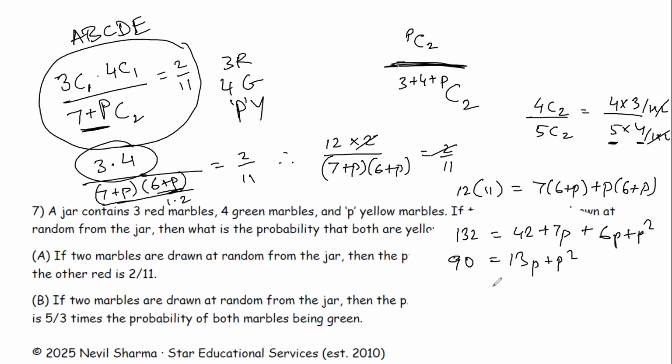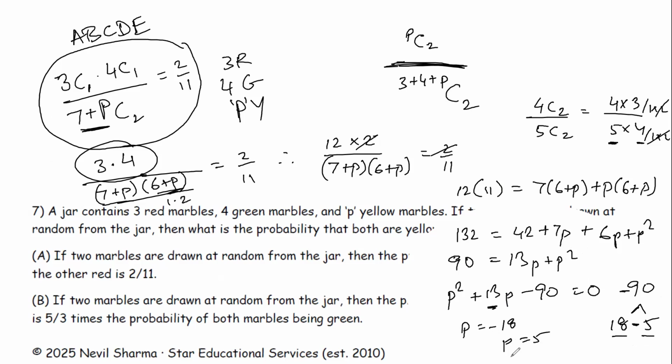So we know that the quadratic equation is solvable. P square plus 13P minus 90 is equal to 0. Factors of 90 using the product sum method: 18 and 5. 18 and 5 gives me a sum of 13 if I take plus 18 and minus 5. And obviously, this is minus 90. So if I flip the sign, then P is equal to negative 18 and P is equal to positive 5.